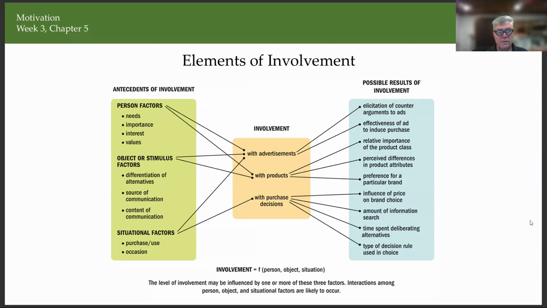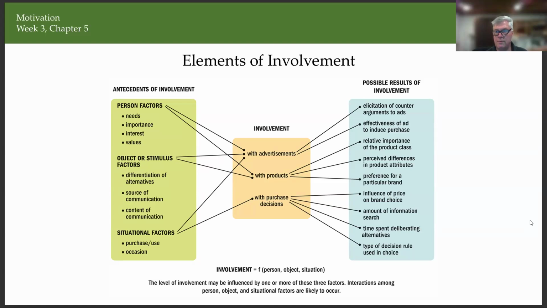You have the person factors: needs, importance, interest, values; the objective or stimulus factors, which are the differentiation of alternatives, source of communication, content of communication; and the situational factors: purchase, use, and occasion. Advertisements, products, and purchase decisions are all impacted by these antecedents of involvement.